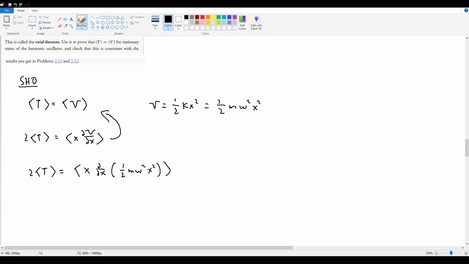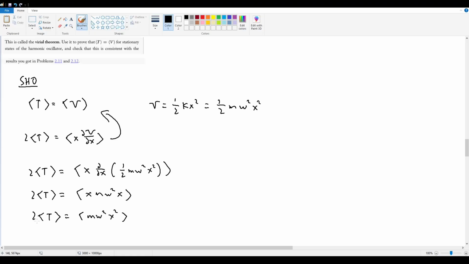If I differentiate this with respect to x, then 2T is equal to x times, the 2 comes down, m omega squared x. In which case 2T is equal to m omega squared x squared, like this.